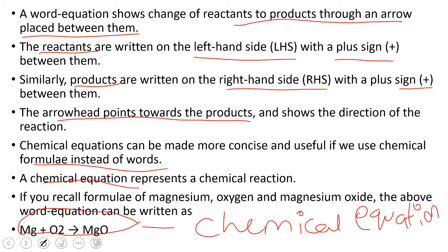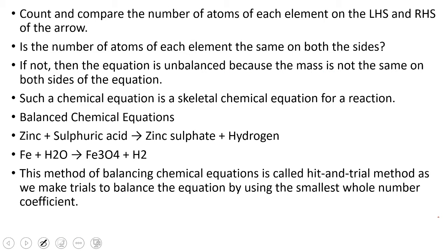Even the word equation, you have to write the full word, magnesium, and so on. Instead of that, it is very easy to write the chemical reaction with the help of symbols, which saves our time. So that's why we write all chemical reactions in the form of symbols, which we call a chemical equation. Right.